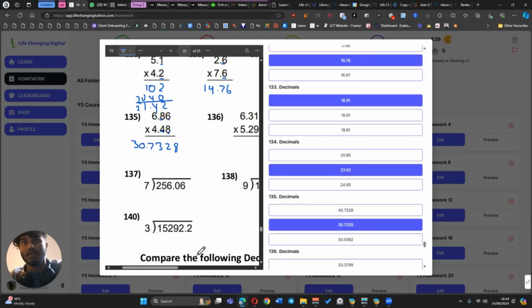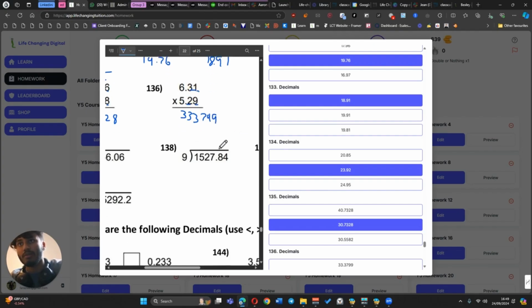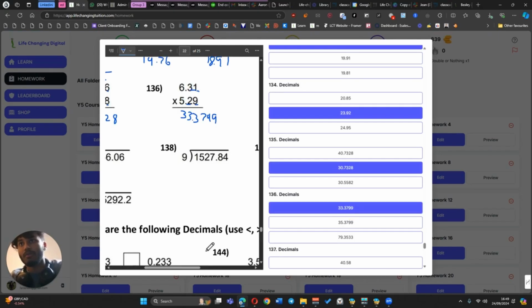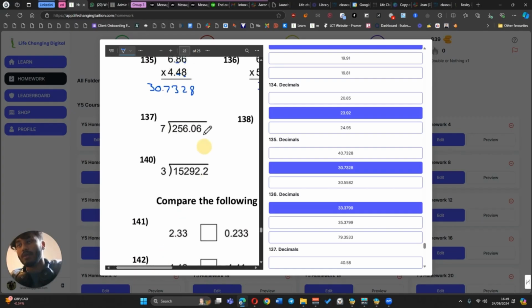So 30.7328. And this one will give us 333,799 as our answer, and then the 1, 2, 3, 4 numbers behind the decimal point. So we put the decimal point there, 33.3799.